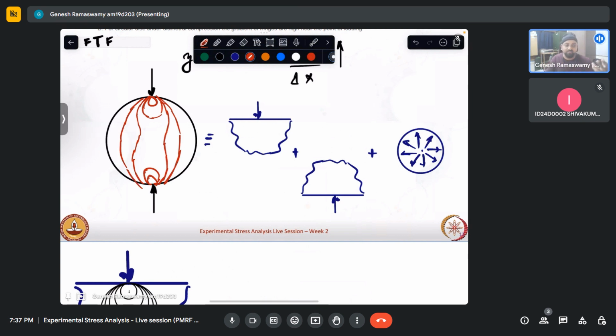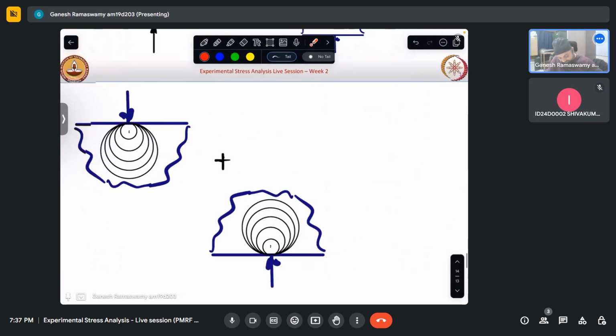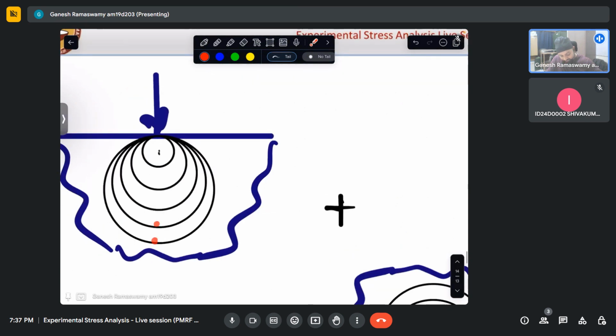This is actually shown in the lecture. I'm just trying to explain it a little more clearly. So what we see here is this band. This band has wide width. This will be wide. Now as we go towards the loading point, there are more and more fringes getting captured.